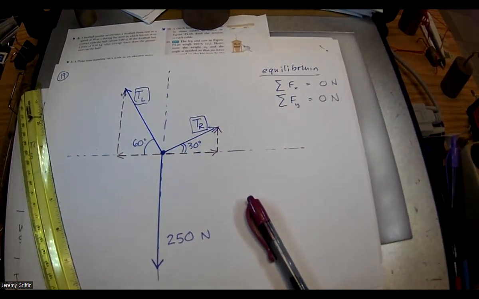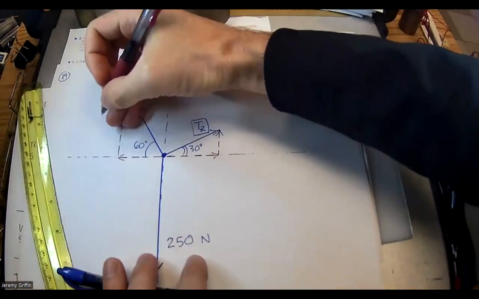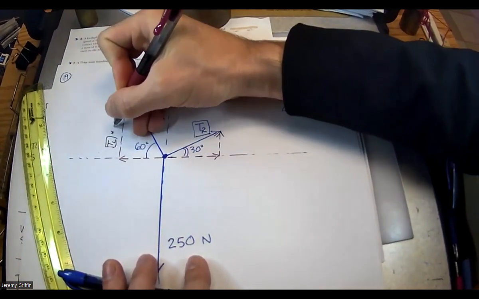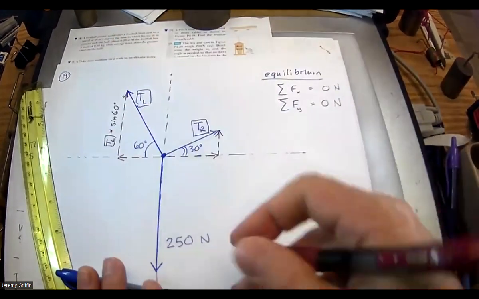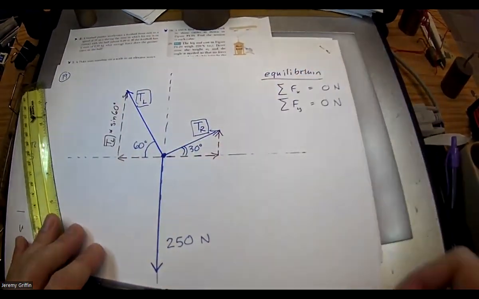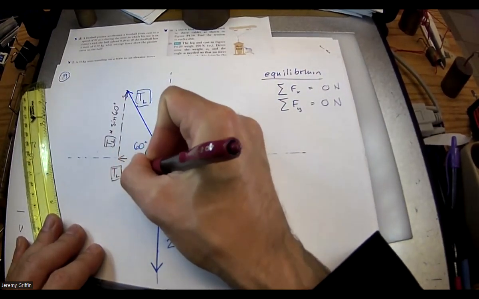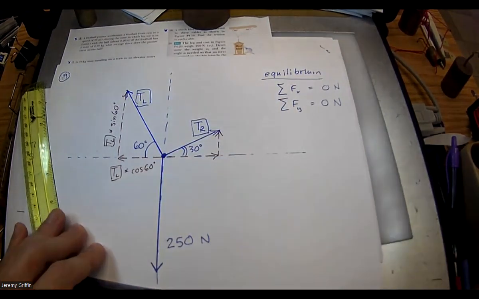Can you guys break those into components? We need some components, right? So I'm going to call this T left times sine of 60 degrees, which is square root 3 over 2. I'm going to call this T left times cosine of 60 degrees, which turns out to be exactly 1/2, half of T left.